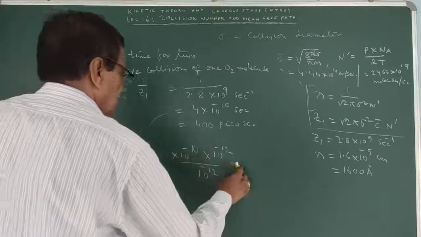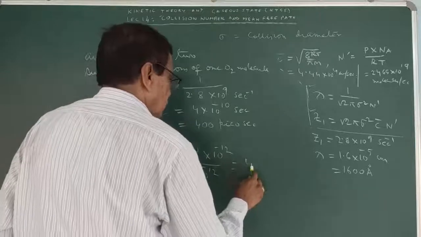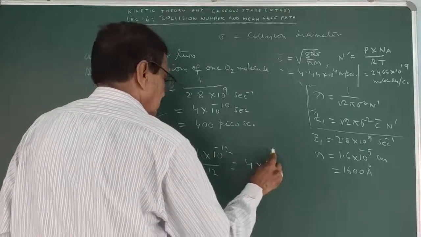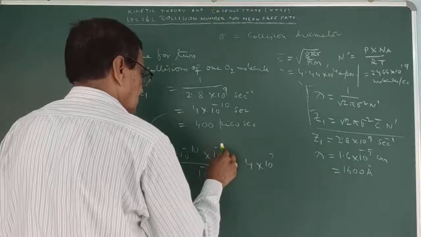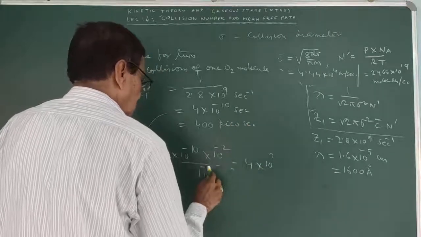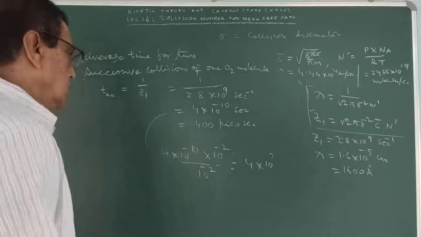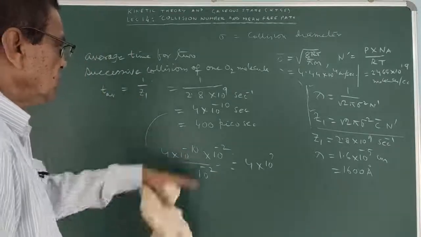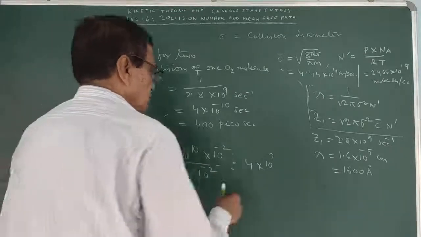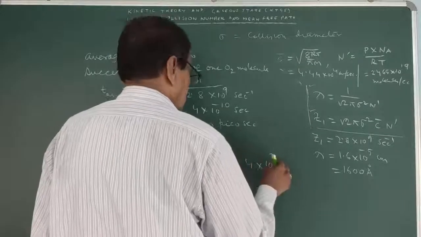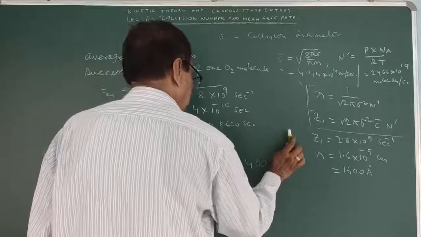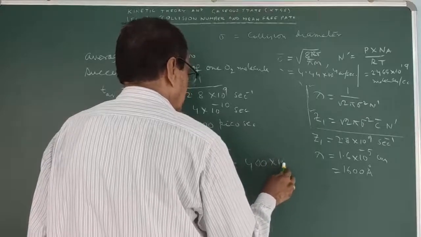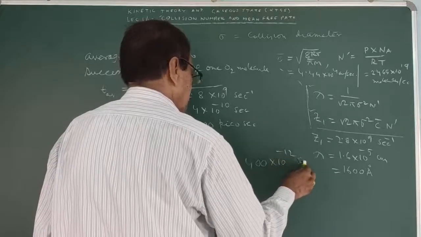The 10 to the power minus 2 will go upside, so it will be 100, giving 400 into 10 to the power minus 12 second.